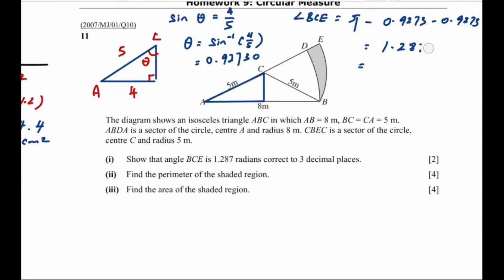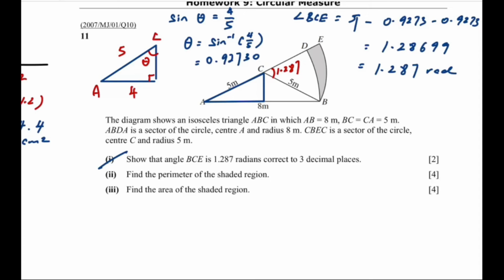Then it's more accurate. 1.28699. Okay, and then you round it off, 1.287 radian. Exactly the same. Okay, so BCE here will be 1.287 radian. That is for question 1.